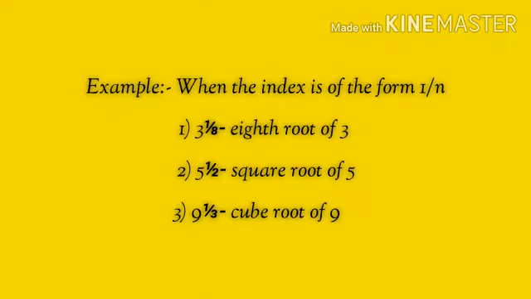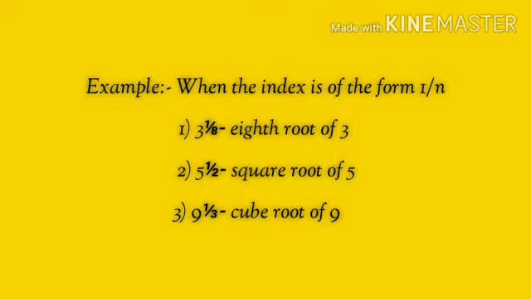Now, let us see few examples where our index is a rational number of the form 1 upon n. In the first example, that is 3 raised to 1 upon 8. Here, my index is 1 upon 8. That is, in the denominator, the number is 8. Therefore, it is 8th root of 3.